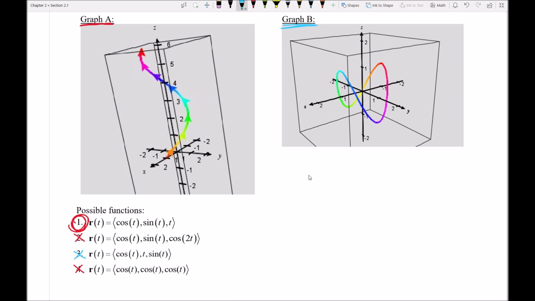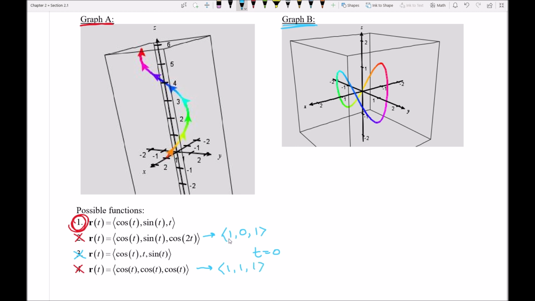So let's suppose, for example, that I was to plug in the value of t equal to 0. Note that my second function would then create a vector of 1, 0, 1. And my other vector would be just 1, 1, 1.